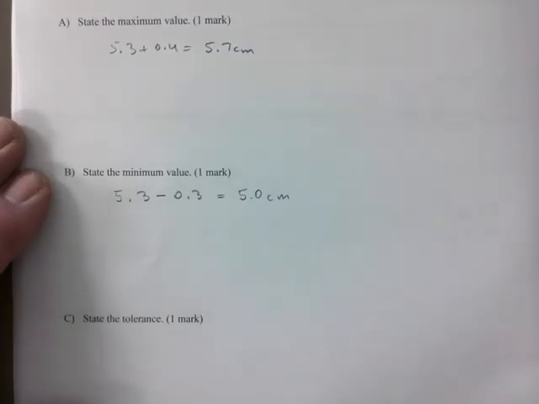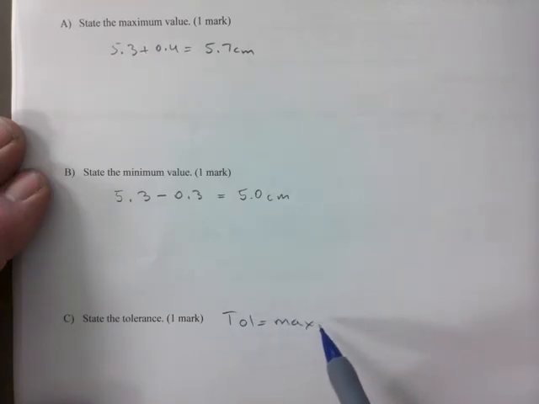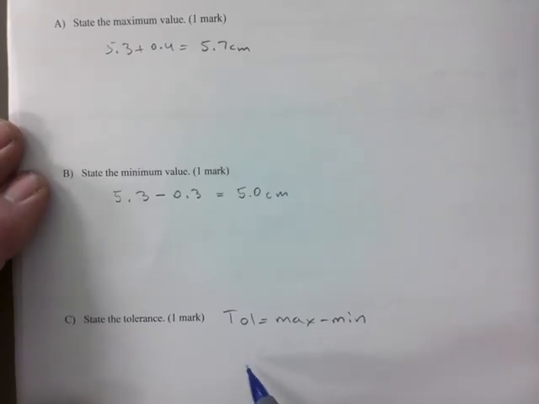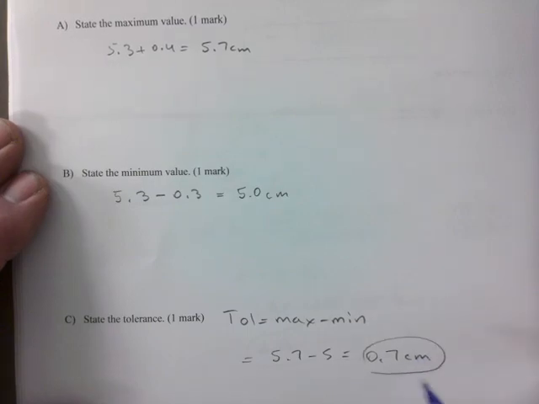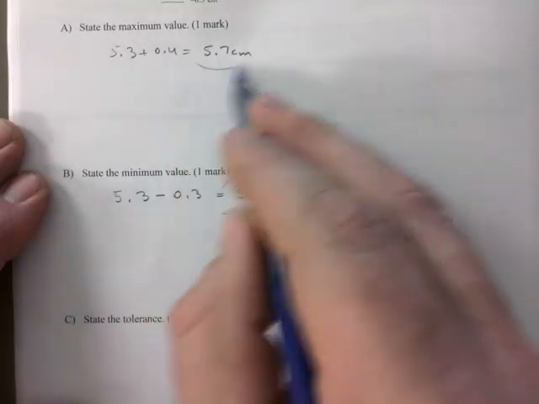And then the tolerance is always max minus min. If all else fails, that's for sure how you can find it. So it's 5.7 minus 5. The tolerance is 0.7 centimeters. Don't forget to add your units. There we go. That's it.